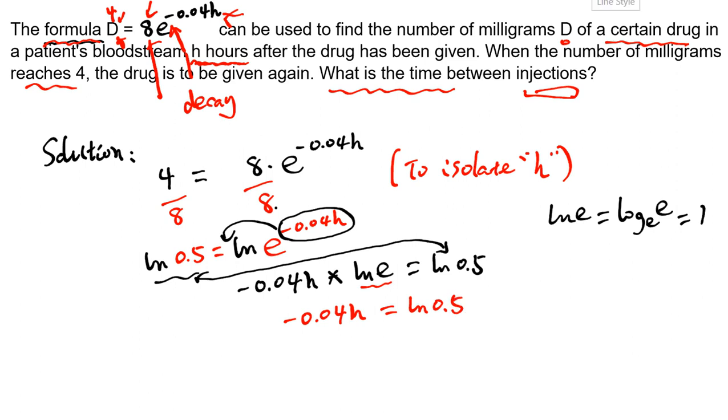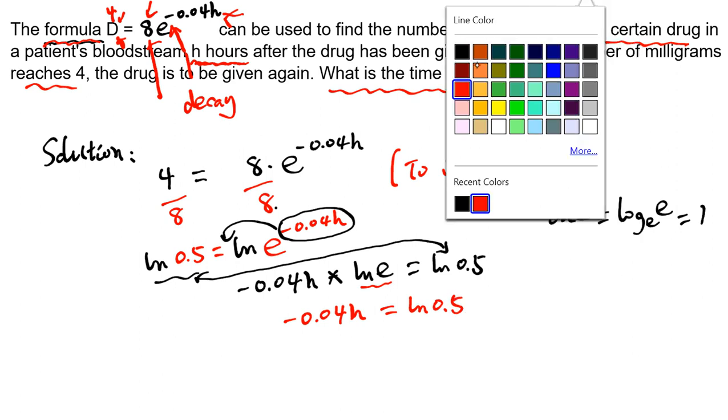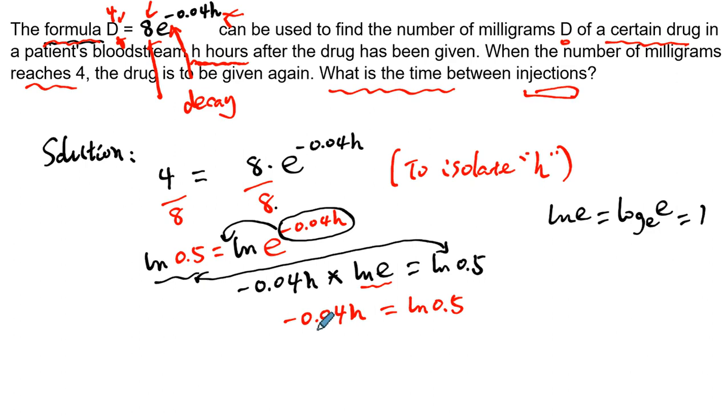And then you do the division. Both sides divided by negative 0.04. You should isolate h because this part is going to be 1.